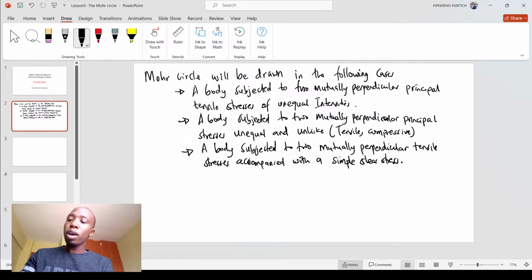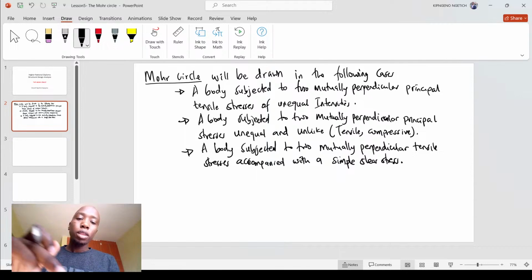These things we have already looked at in their analytic methods, and now we want to see their graphical representations. In this class, we will talk about the first two: a body subjected to two mutually perpendicular principal stresses of unequal intensities, and a body subjected to two mutually perpendicular principal stresses that are unequal and unlike, that is, one is tensile and one is compressive.